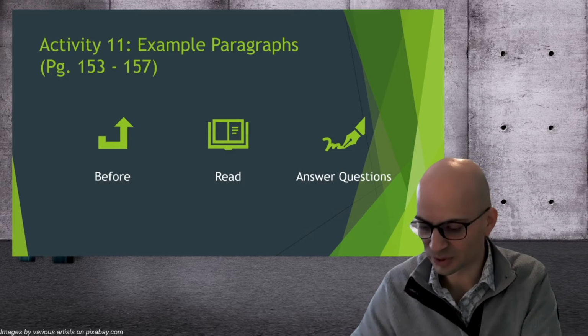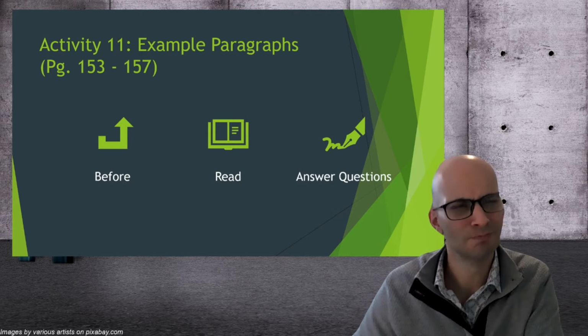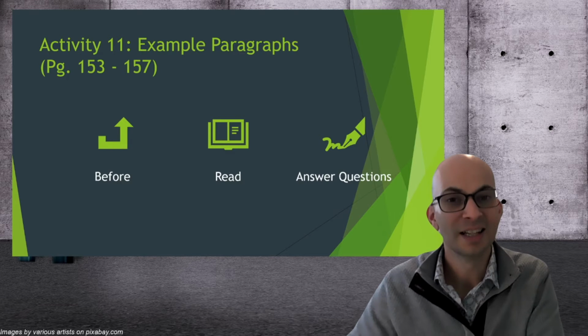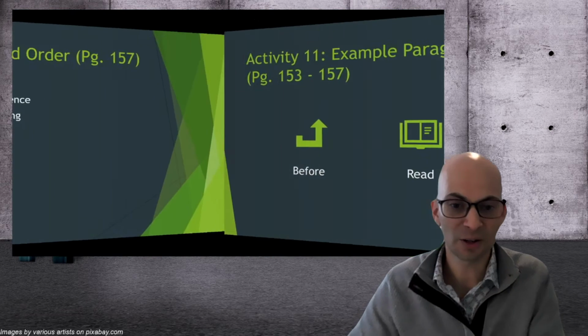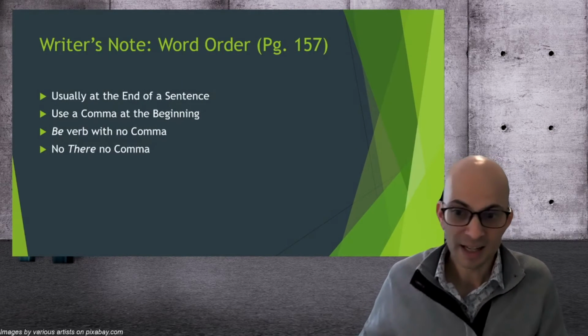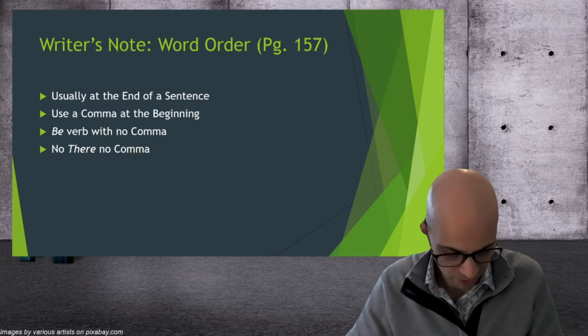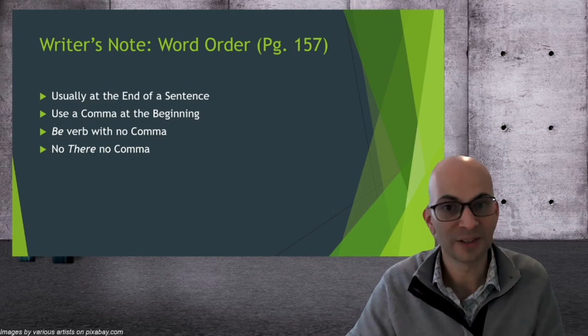And I think the first one is kind of funny. A great living room. Interesting. Of course, after you read the paragraph, please answer the questions that follow. And that'll take us all the way over to page 157.